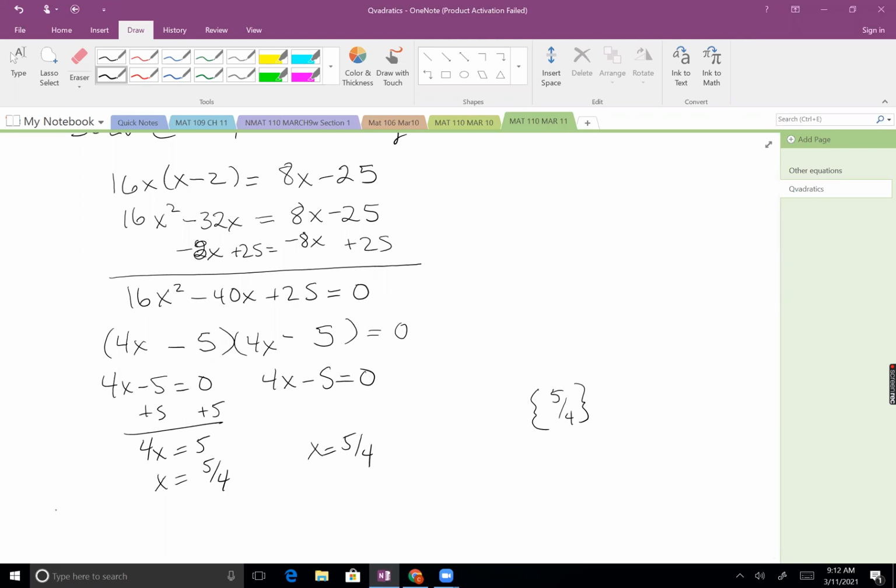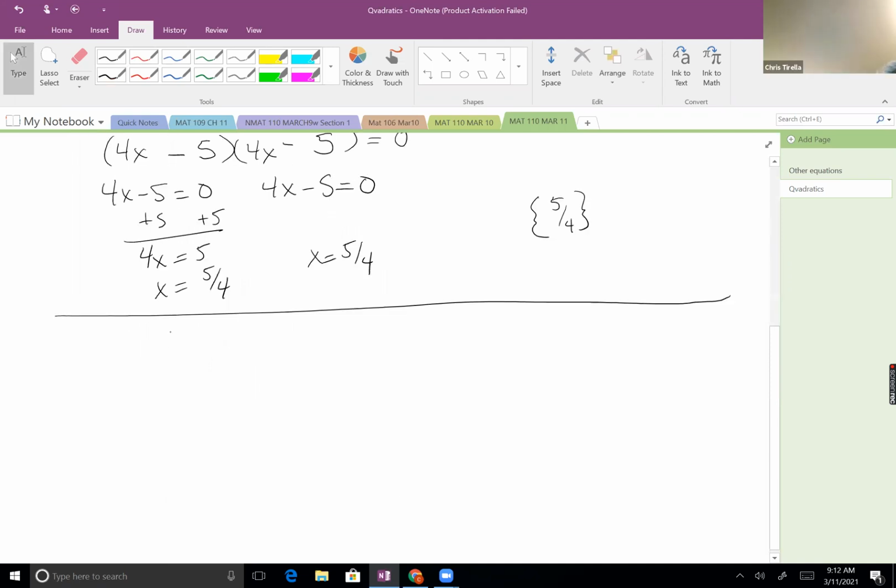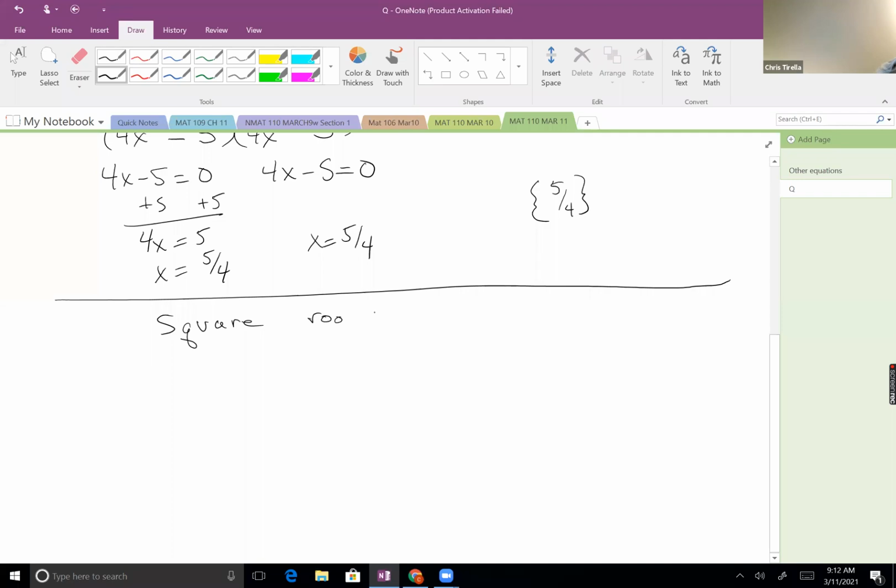Yeah, thank you. Then next we had solved by using the square root property. An example might be something like x minus 1 quantity squared equals -9.